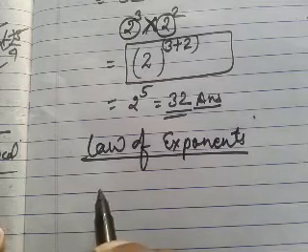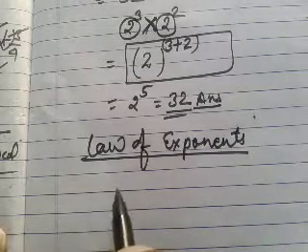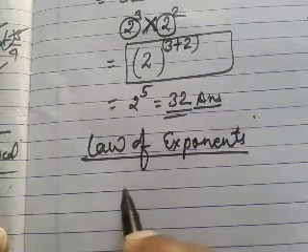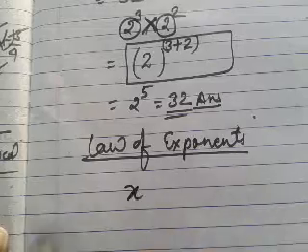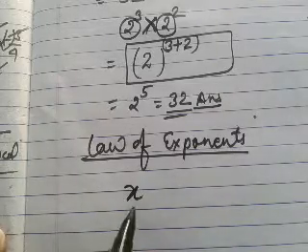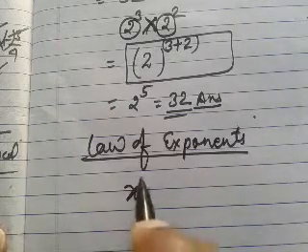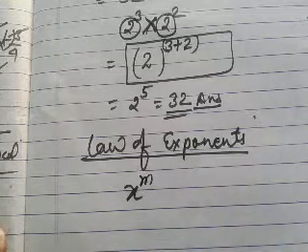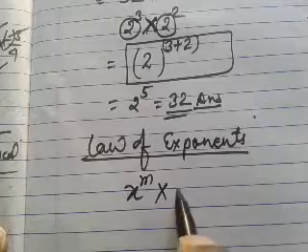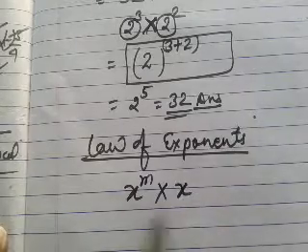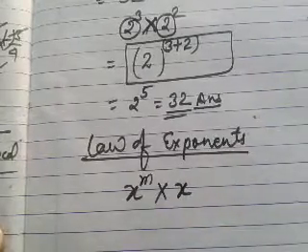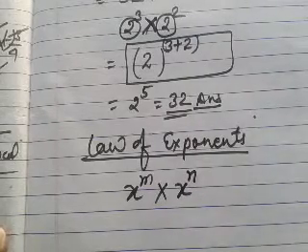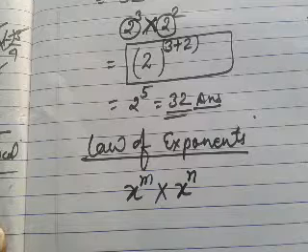Suppose that a rational number has base x and it has power m, and another expression is multiplied with this, having the same rational number x, but this time it has a different power n.